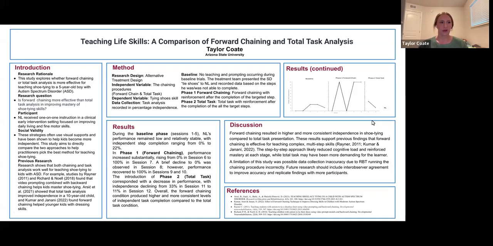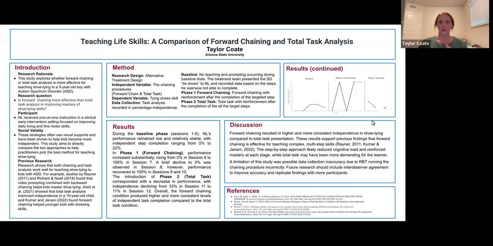It can be very overwhelming and very challenging. So I think developing with the forward chain helps them learn each step if they have that ability to do the first step.